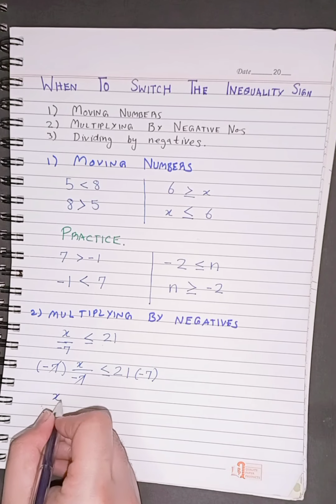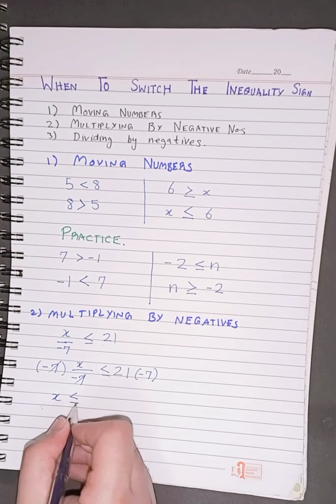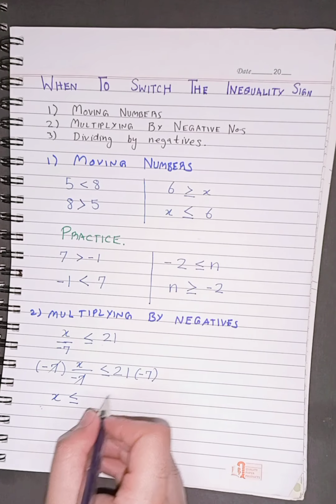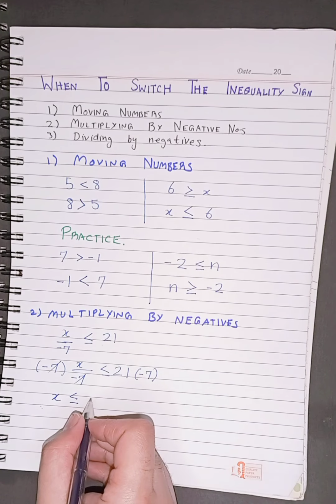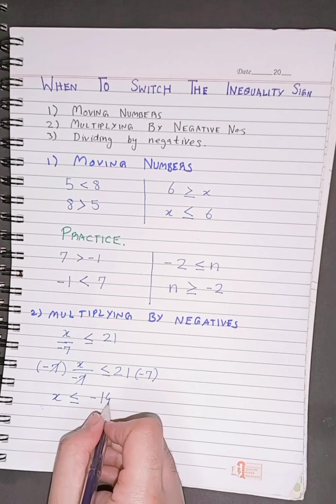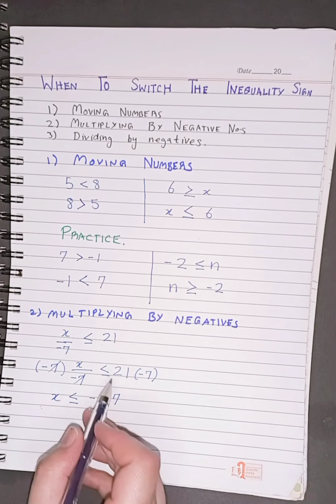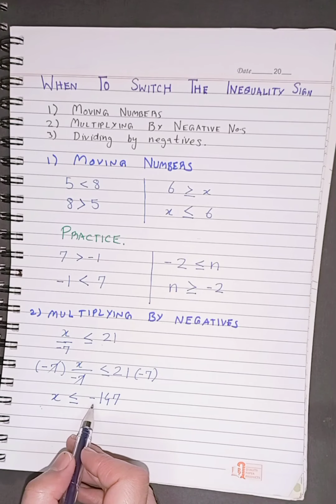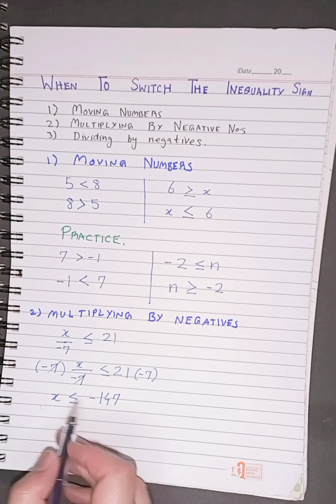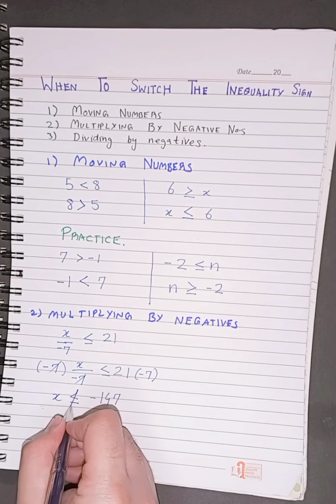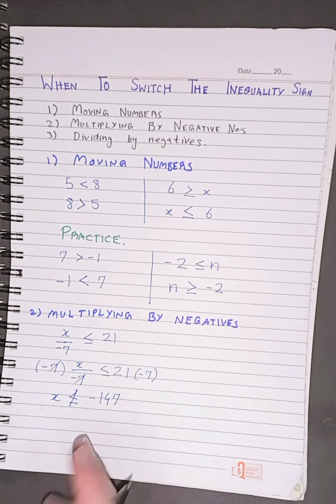You have x here less than equal to 21 into minus 7, it is minus 147. Oh, wait a minute. Is this the right one? No, this is not less than equal to.